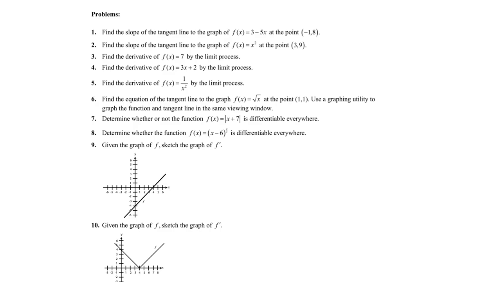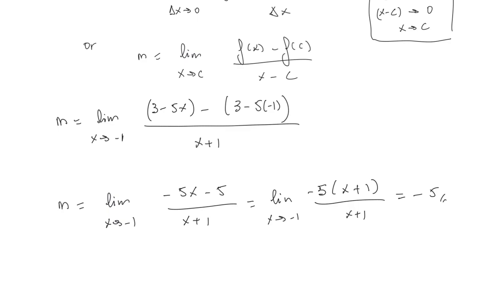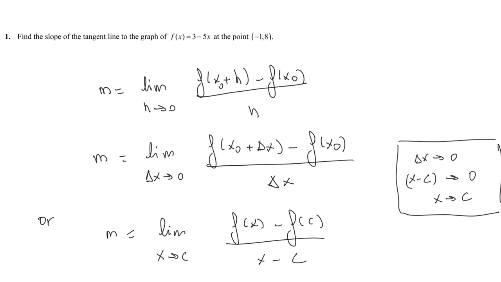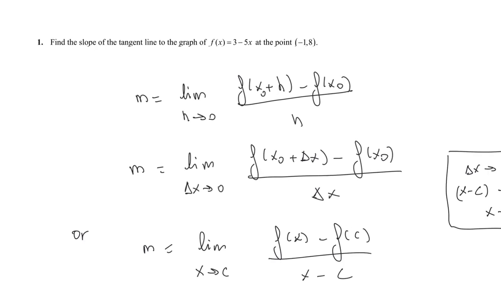The problem says find the slope of the tangent line to the graph. Number 1: y or f of x equal 3 minus 5x. Y equal 3 minus 5x is a rectilinear line. It's a line with the slope minus 5, because the slope is always what is multiplied to the x.